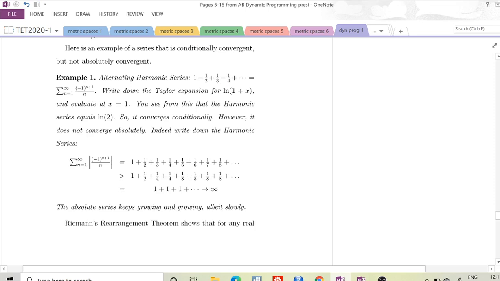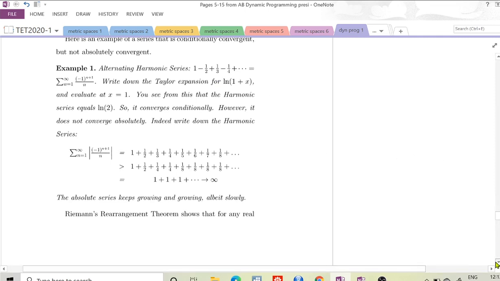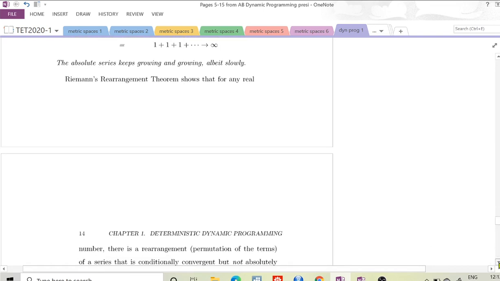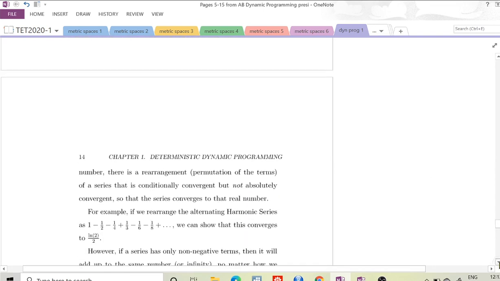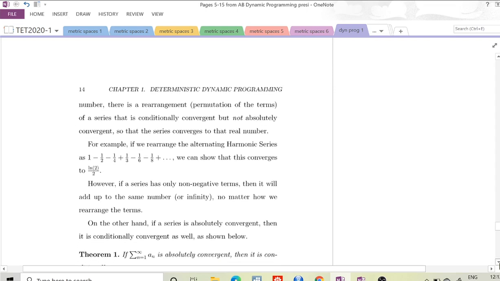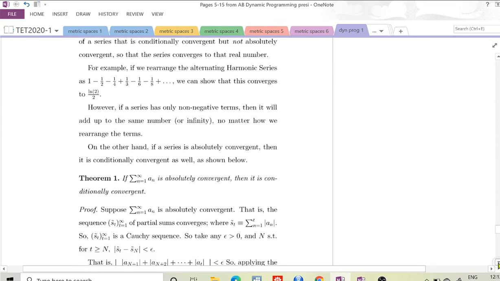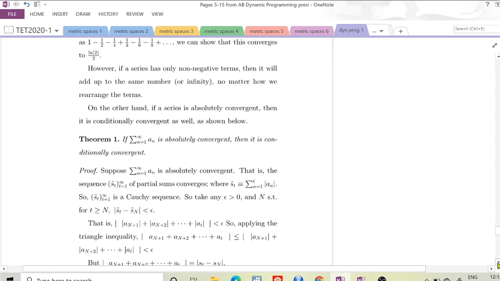I'm just permuting the terms. Then I can get them to converge conditionally to many things, in fact, to any real number. If you do real analysis, you can look up Riemann's rearrangement theorem and its proof, but this is completely outside the ambit of the TET course, right?